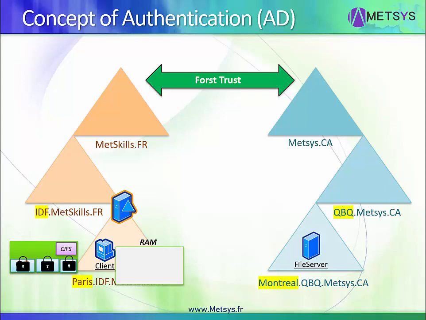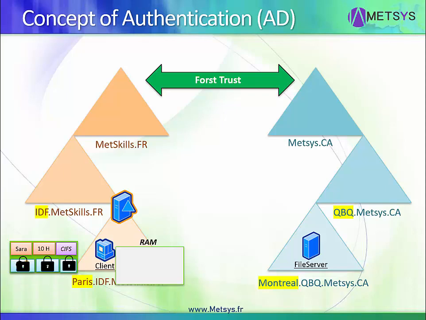It will also place the service principal name. As we said, it's going to be CIFS for connecting to the file server of the remote forest, this one, and of course some more information like expiry date and UPN and other stuff.